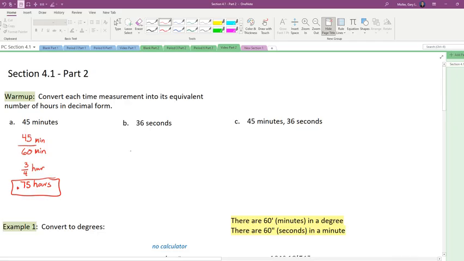So what's the answer? Well, the conversion is exactly the same because there's 60 seconds in a single minute. So I have 36 seconds out of a total of 60 seconds, which gives me the fraction of 36 over 60, which is going to be 6/10. So that would be 0.6 minutes.